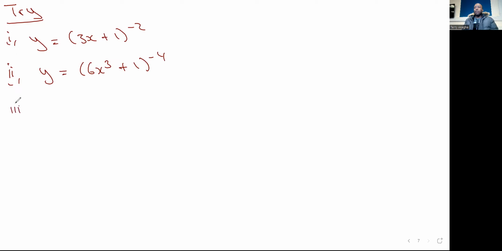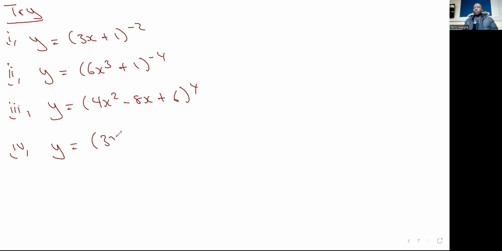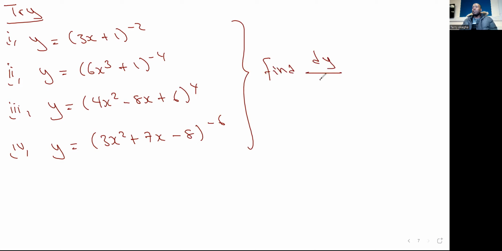Then we have another one: y is equal to 4x squared minus 8x plus 6 all raised to the power 4. And we have another one, y is equal to 3x squared plus 7x minus 8 all raised to the power minus 6. And in all this, I want you to find the dy over dx, so the first derivative.